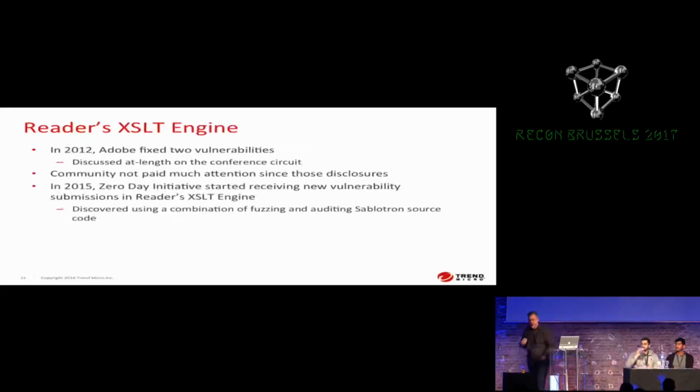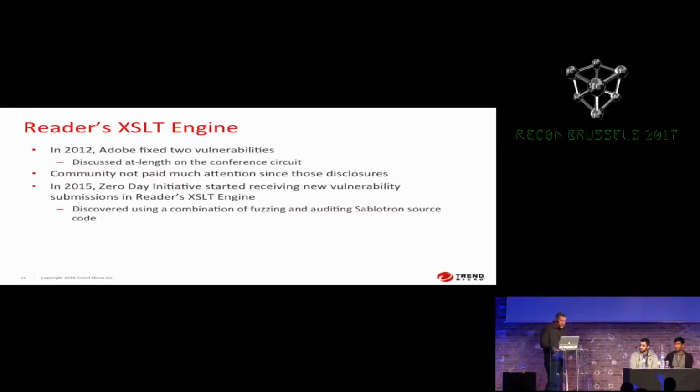If we look back at the vulnerabilities that have occurred inside of Adobe Reader's XSLT engine, we can see back in 2002, Adobe actually fixed 2 vulnerabilities in this engine, and we'll talk about those bugs here in a second. They've got an interesting backstory that actually affects the latest patch that Abdul will talk about. These were discussed at length on the conference circuit, but the community really hasn't paid attention to this code base much since those discussions.